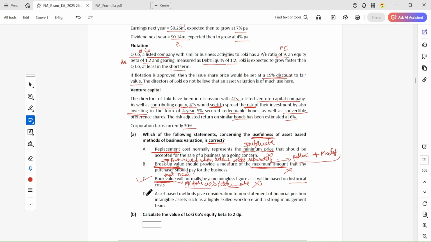So this is incorrect. Next: the asset based method gives consideration to non-statement of financial position intangible assets such as a highly skilled workforce and strong management team. The asset based method does not consider intangible assets, so this is incorrect.